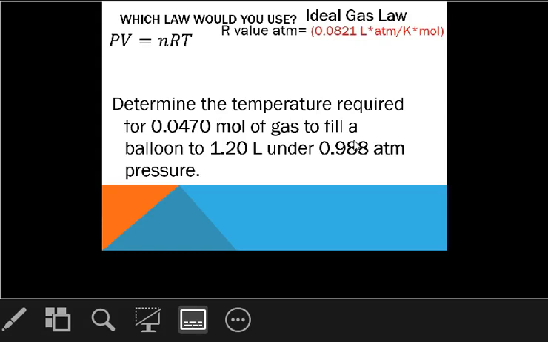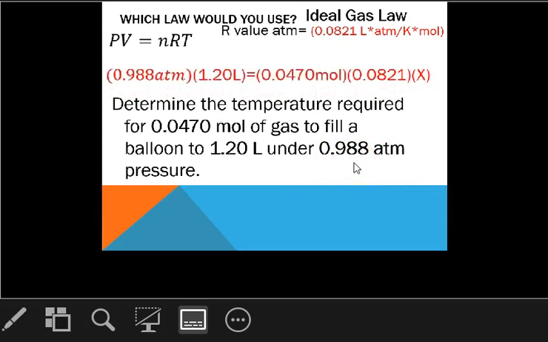They're going to give you the R values at the top of the test paper. You have to get the R value for atmospheres because the pressure they gave you was in atmospheres. When you plug in the numbers that you know, the P can be in any unit, but you have to get the right R value.